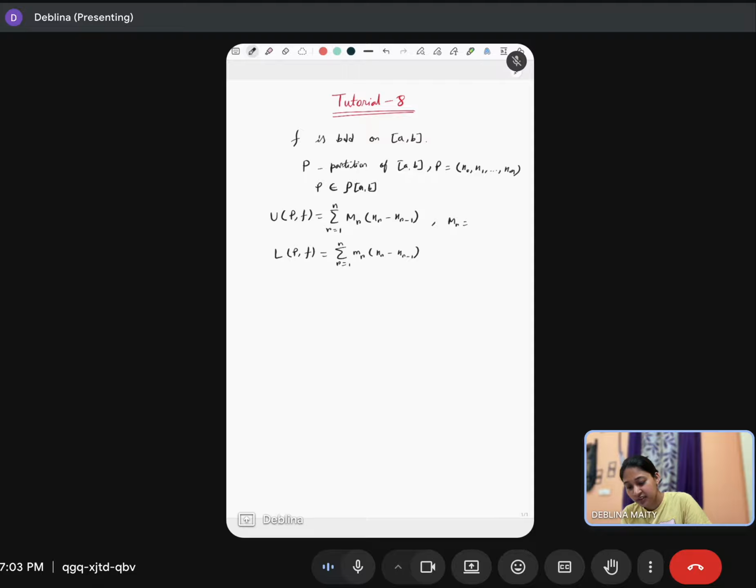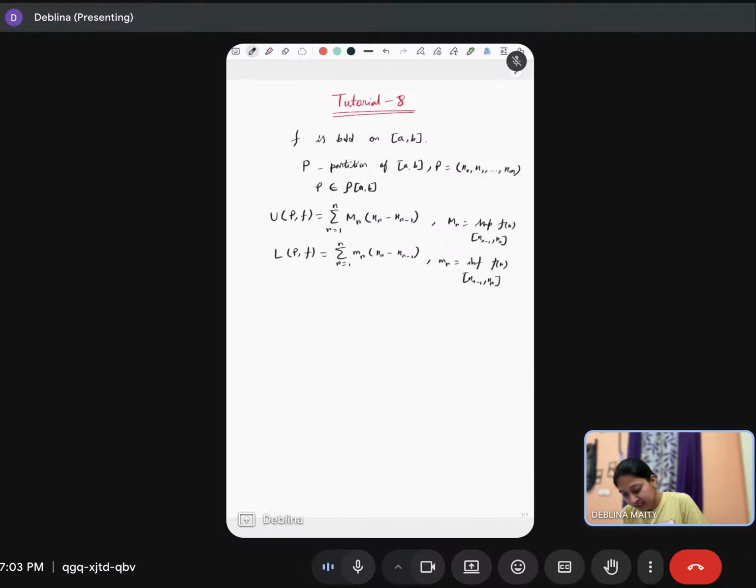So M_r is the supremum of f(x) in [x_(r-1), x_r] and m_r is the infimum of f(x) in [x_(r-1), x_r].